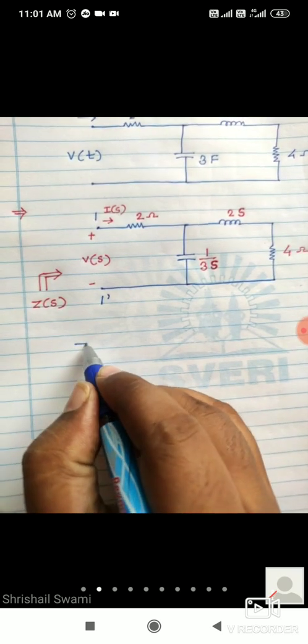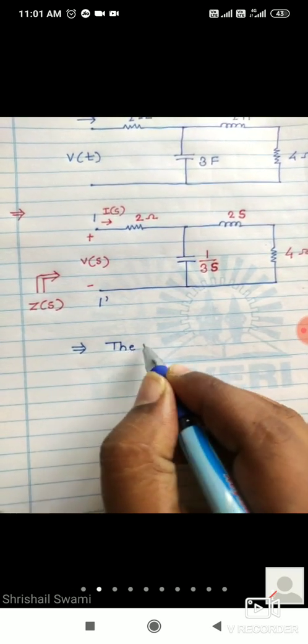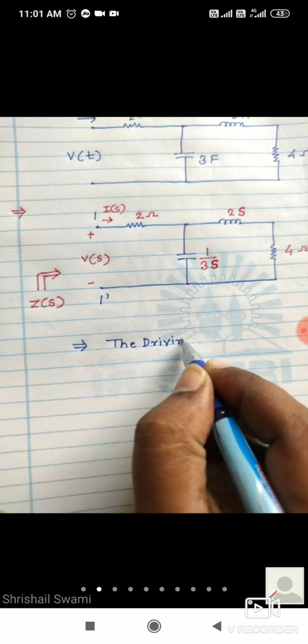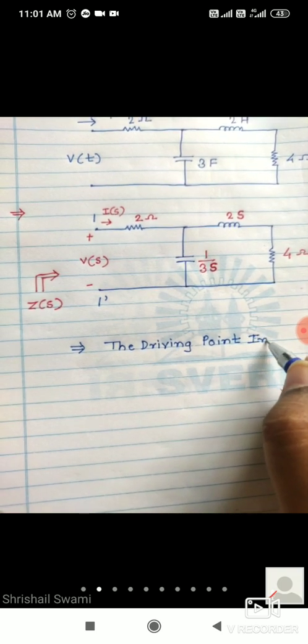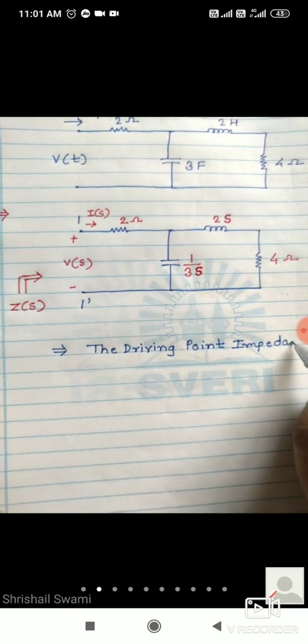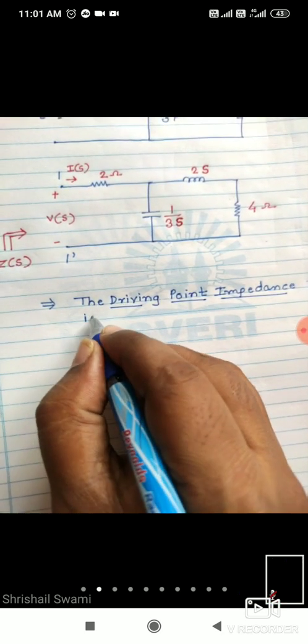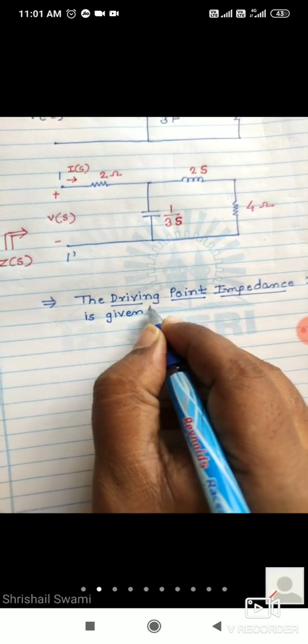So you have to calculate the driving point impedance Z of s, which is given by, okay, Z of s is equal to V of s divided by I of s.